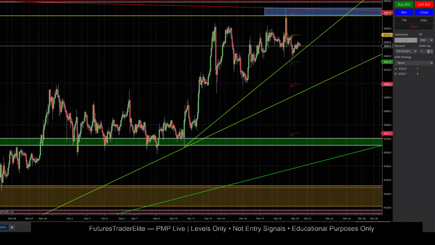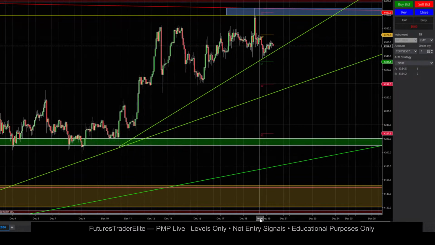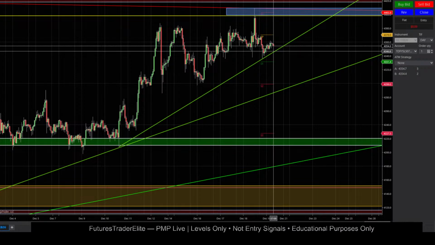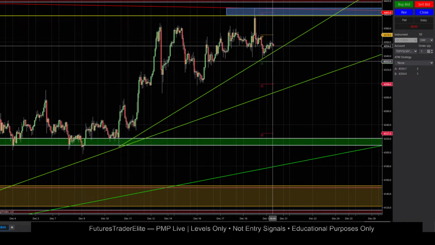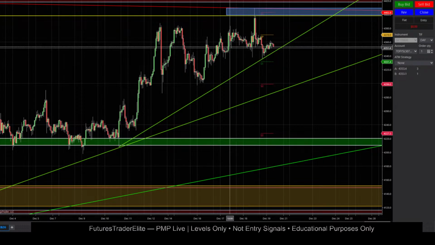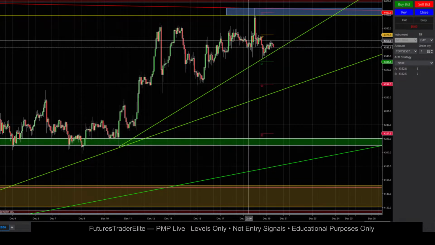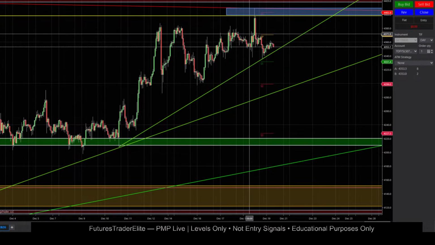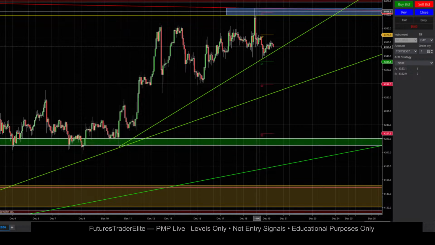I'm looking, you know, if this tests this line and tries to bounce, I'm going to wait and see if it tries to sweep it, maybe hit that S1 pivot. There's this little low right here that it might try to sweep. We've got quite a bit of consolidation here on the 1 hour, and then we got that spike yesterday.